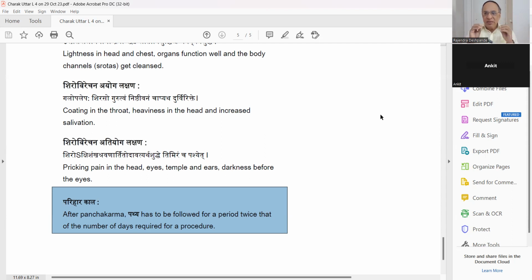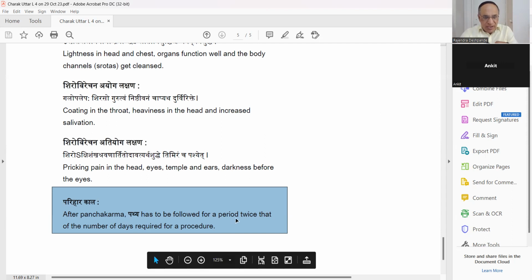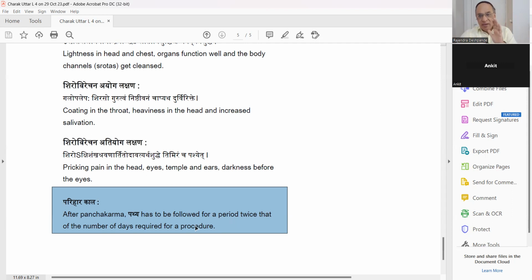So pathya should be followed for a minimum number of days. Here they have mentioned twice the number of days required for the procedure. Say the Vamana procedure total, Purva Karma, Pradhana Karma, Paschat Karma, requires, for example, 12 days. Then multiply by 2, that is 24 days. So the Parihara Kala for a Vamana patient is approximately 24 days.